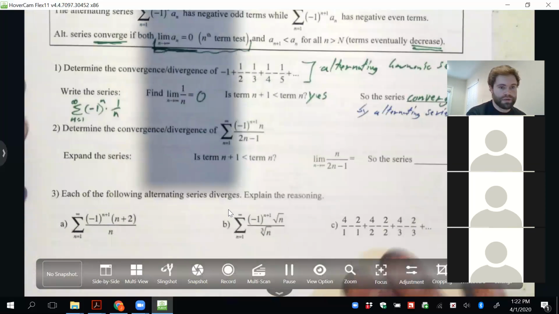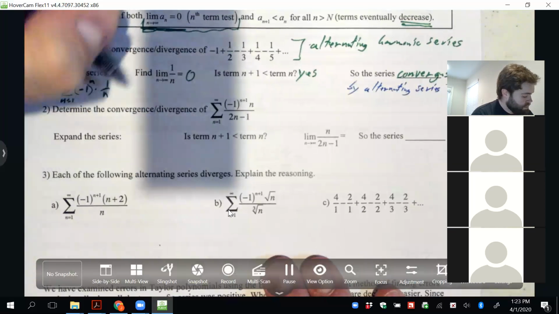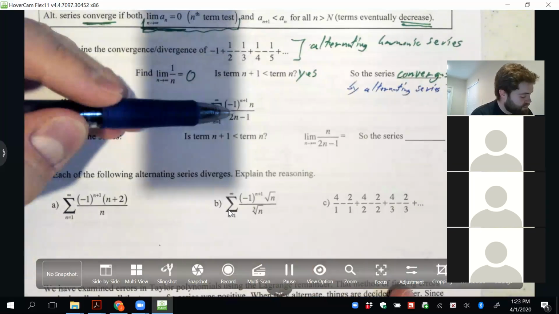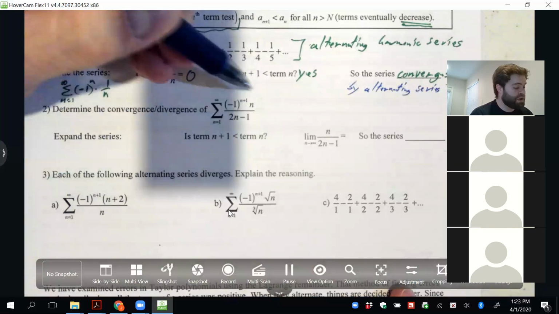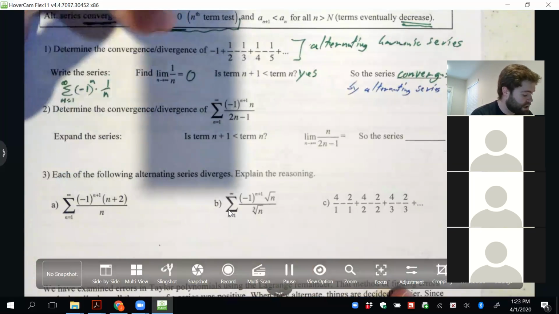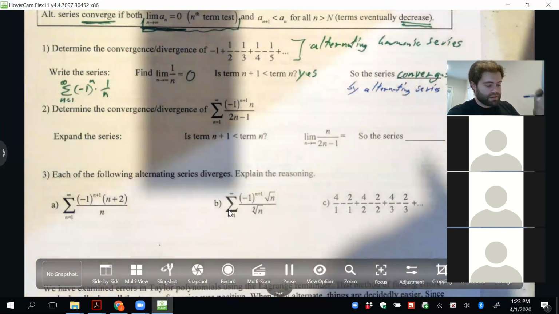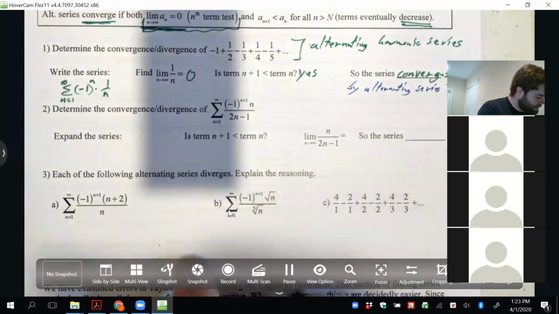Okay, let's look at number 2. This one is also an alternating series because we have -1 to some n power. This one has n plus 1 power, which is going to mean it's going to be the even terms being negative. And let's write a few of those to see what's really happening.